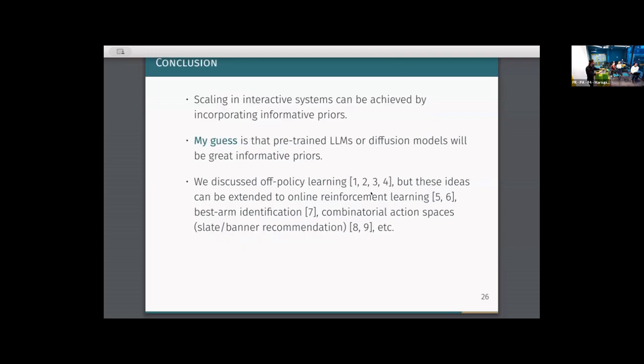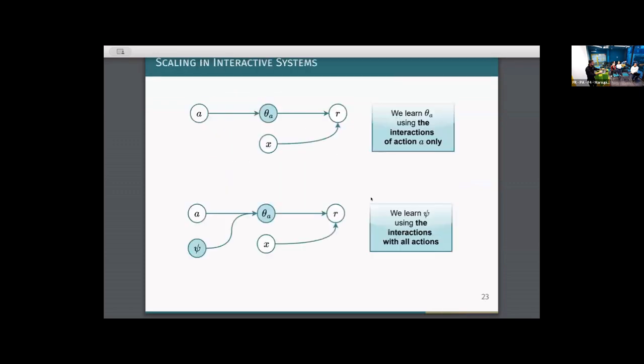So what is SDF? I didn't talk about it that much, but this is SDF. It's a hierarchical prior that encodes the action correlations using a latent parameter.